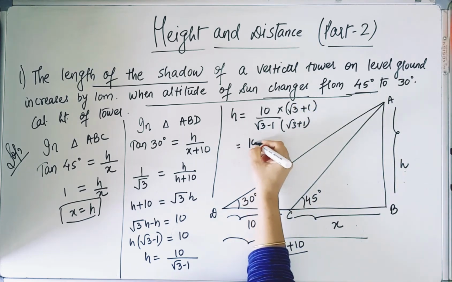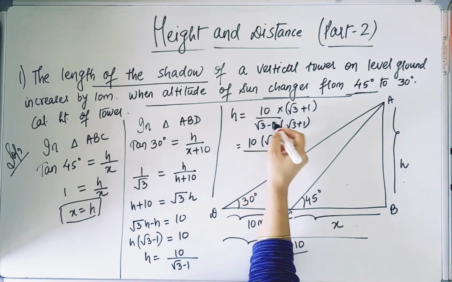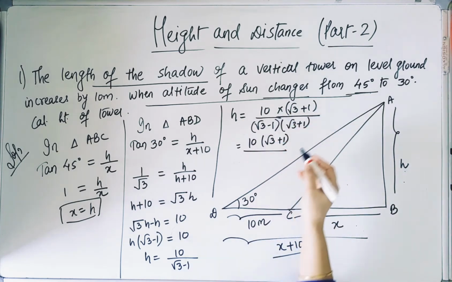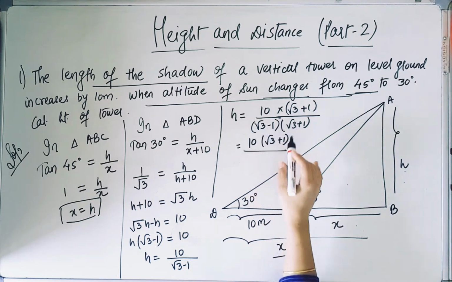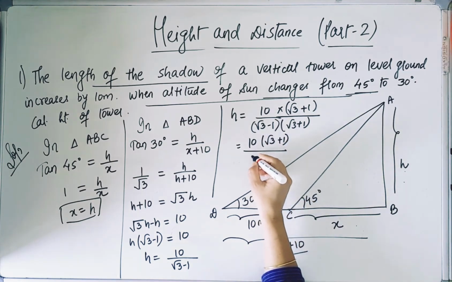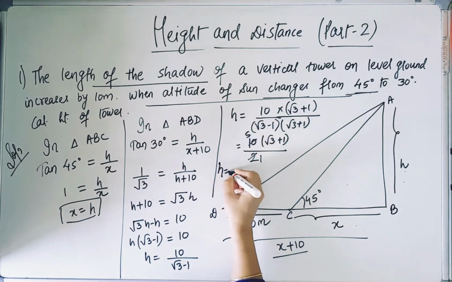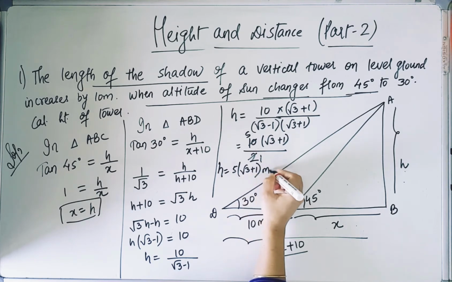So we'll get 10 into root 3 plus 1. And नीचे देखिए a minus b and a plus b की identity will put. So we'll get a square minus b square. So root 3 का square is 3. 3 minus 1 will get 2. So 2 ones are and 2 fives are. Thus height of the tower is 5 into root 3 plus 1 meter.